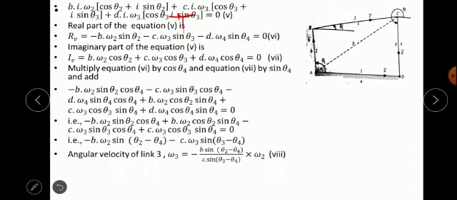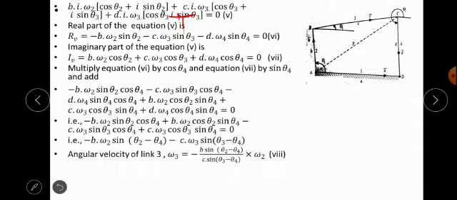Because minus d omega 4 sin theta 4 cos theta 4 plus d omega 4 cos theta 4 sin theta 4 cancels out. Then the remaining part is minus b omega 2 sin theta 2 cos theta 4 plus b omega 2 cos theta 2 sin theta 4 minus c omega 3 sin theta 3 cos theta 4 plus c omega 3 cos theta 3 sin theta 4 is equal to 0.